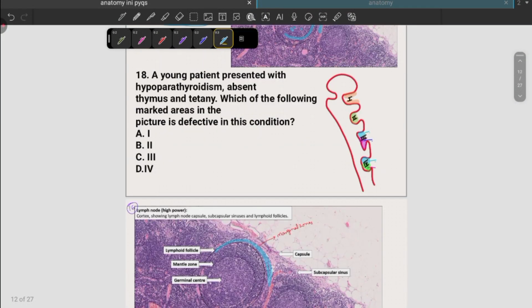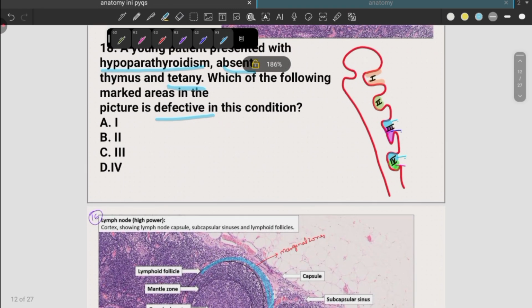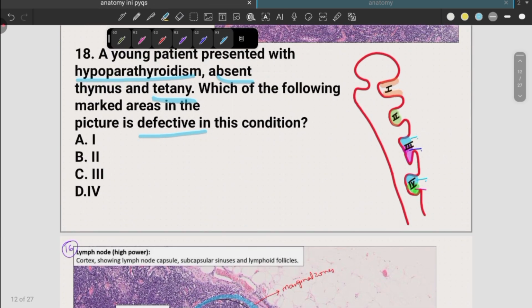Okay. 18th one, a young patient presents with hypoparathyroidism, absent thymus, and tetany. Which of the following marked areas in the figure is defective? Oh, you had to know that. Thymus and parathyroid both are absent, they are telling.